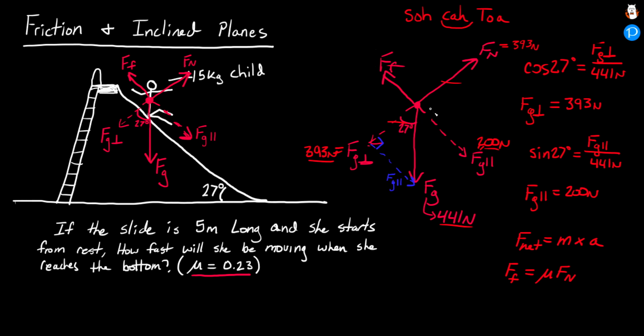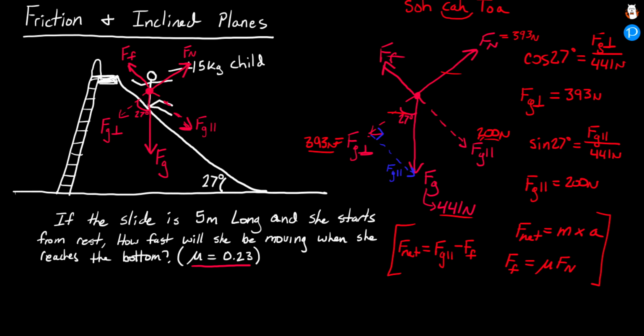And my net force is going to be this way. So the other equation that we're going to have to know is that the net unbalanced force is going to be this way, or in other words, it's going to be equal to Fg parallel minus my force of friction, right? Because this minus that is going to leave me left over with some net unbalanced force down the slide. So these are my tools that I have to use then to solve this.